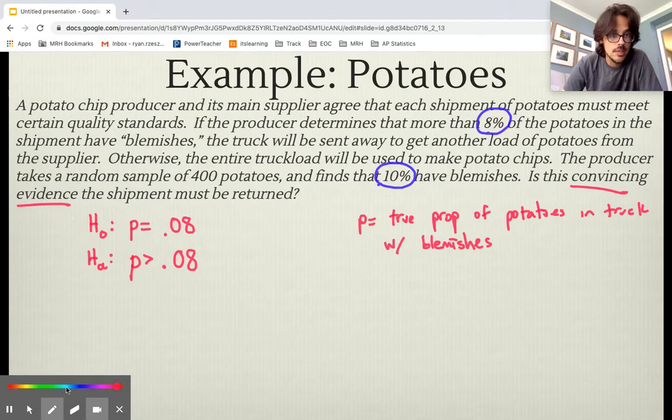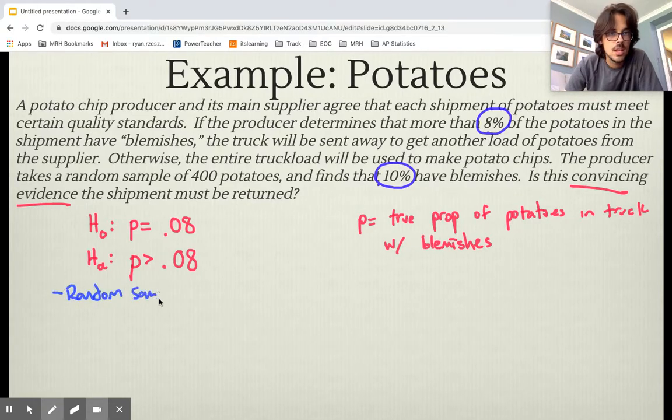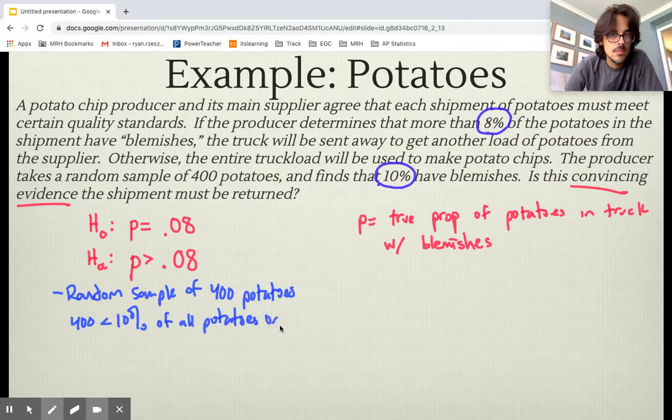Let's go ahead next and check our conditions. Before we can do our test, we need to make sure our conditions are satisfied. It is a random sample of 400 potatoes. So that's good. 400 is less than 10% of all potatoes on the truck. And I need to check my np and n(1 minus p). You need to do that with the value from your null hypothesis.